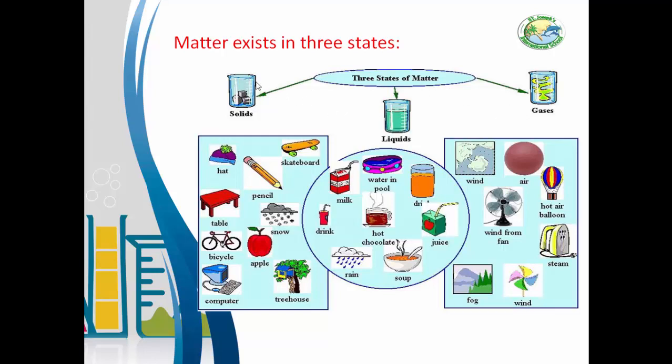We will talk about some examples of solids. Your computer is a solid state of matter. Your pencil is a solid state of matter. The apple, the bicycle, and the table are solid states of matter. And also we have many other examples like ice, sugar, iron, wood, gold, silver, and copper.